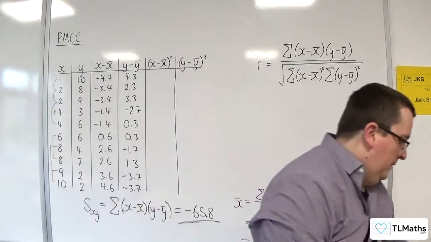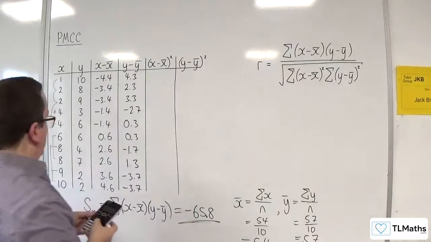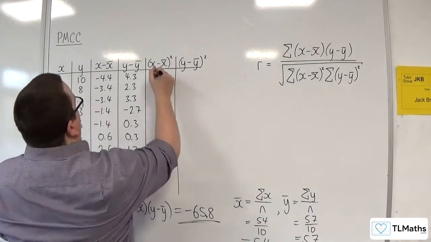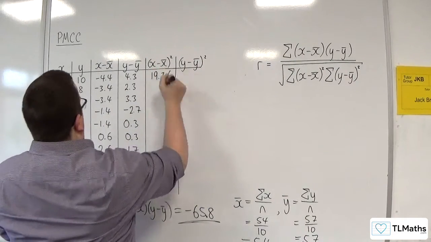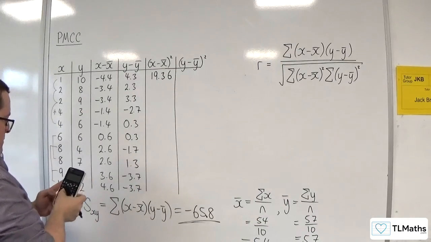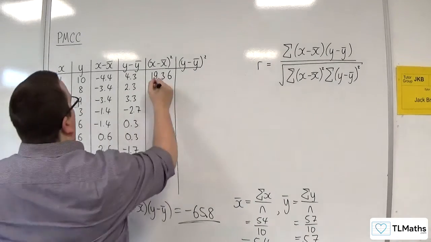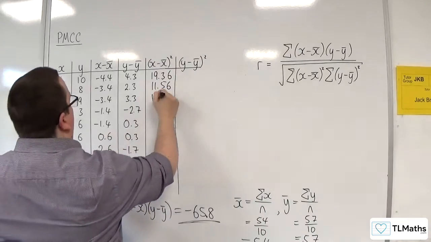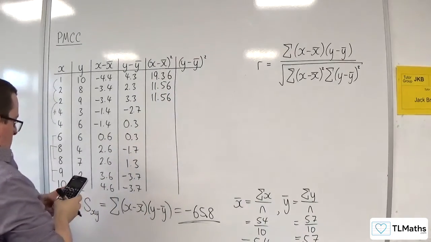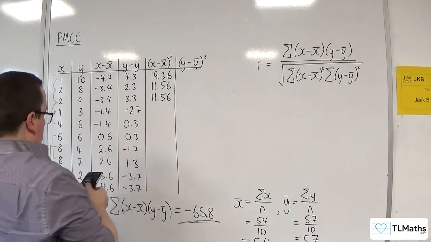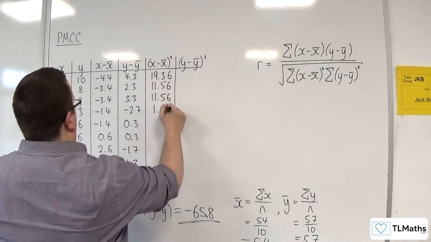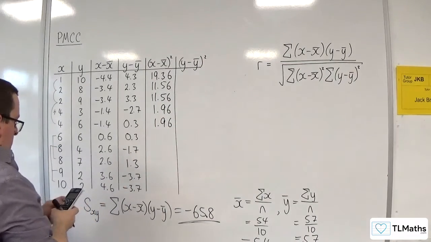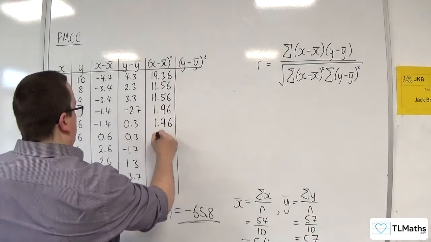Okay, right. So we've got 19.36, 11.56, 11.56, 1.96, 1.96, 0.36.